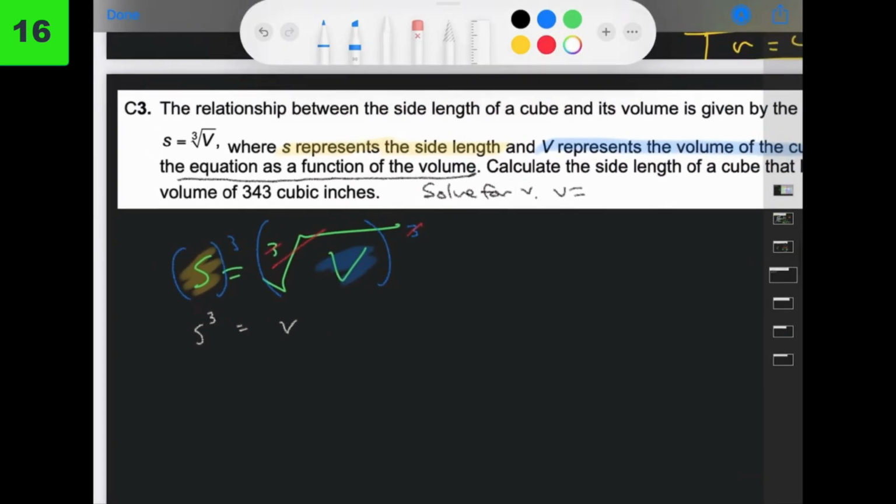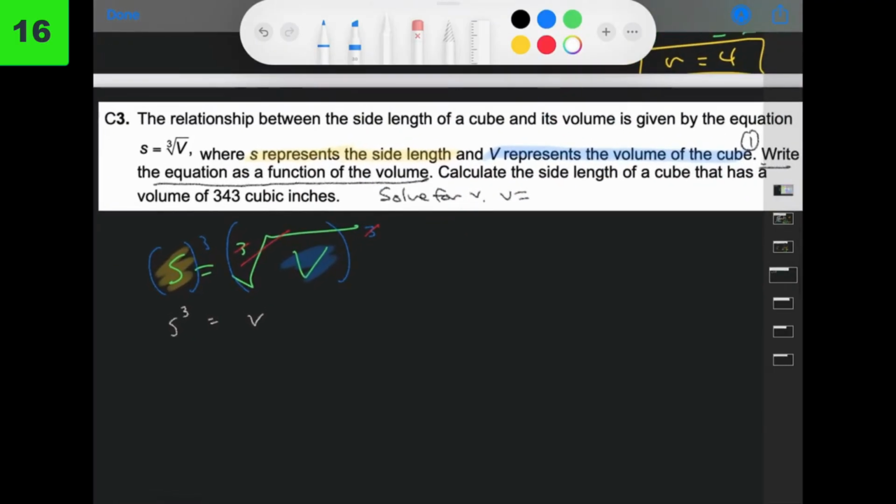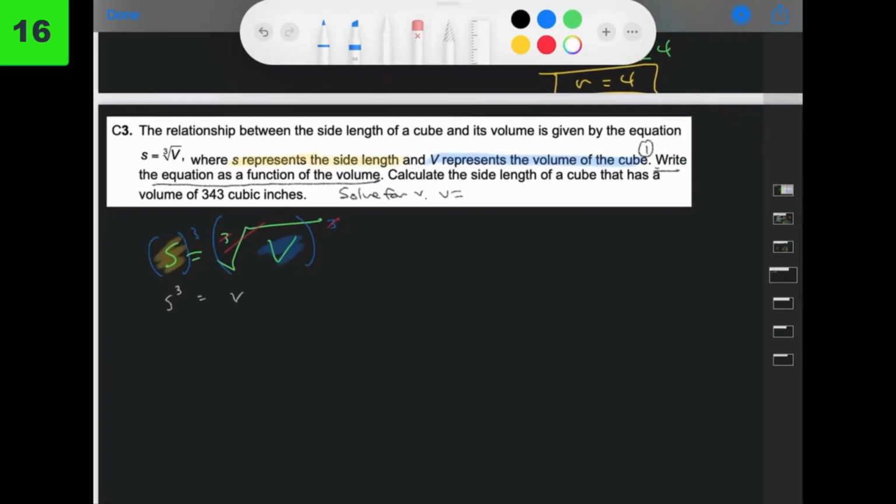And this here is number 1, write the equation as a function of the volume. So volume equals S to the 3rd power. Calculate the side length. I guess you really didn't need that, but let's write that volume formula again. S equals cube root of V. Calculate the side length.